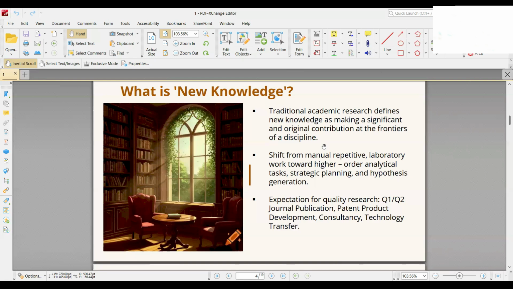So everything should be manual keyword searching. On the other hand, the artificial intelligence enhanced method uses Connected Papers and Research Rabbit, that means visualizing the citation networks.